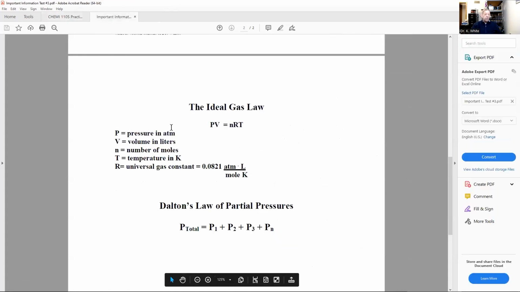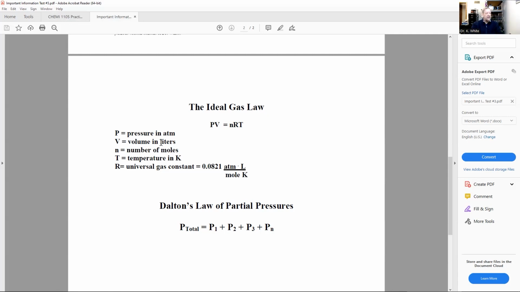So immediately, we look at the ideal gas law, PV equals nRT. P is pressure, V is volume, which we're trying to find, N is number of moles, T is temperature, and R is the universal gas law constant, 0.0821 atmospheres liters per mole K. Remember, this only works if pressure is in atmospheres, volume is in liters, which I'll always give you in liters.